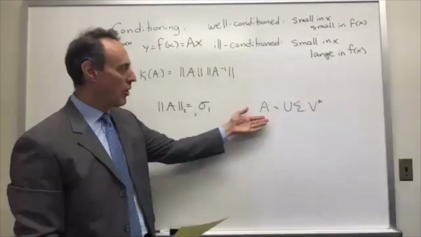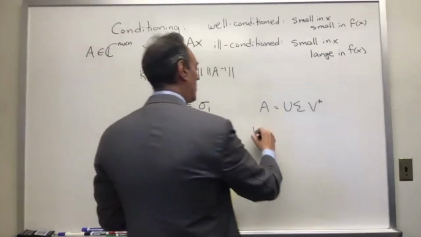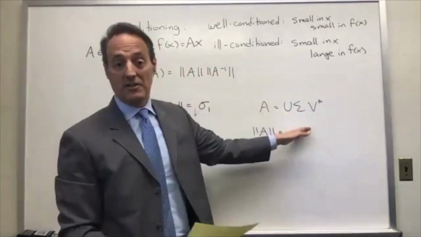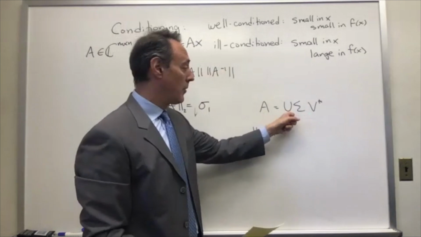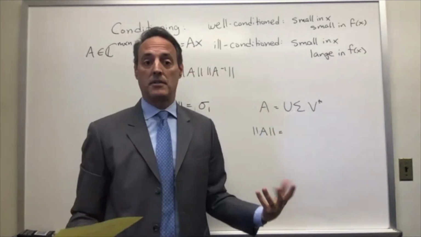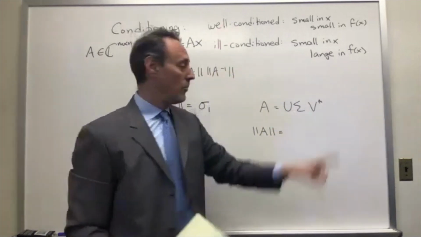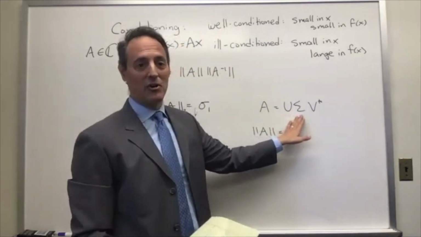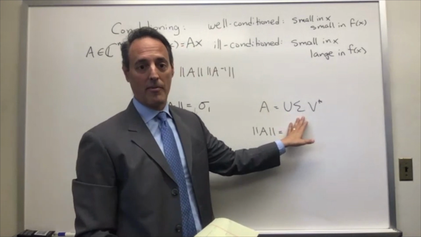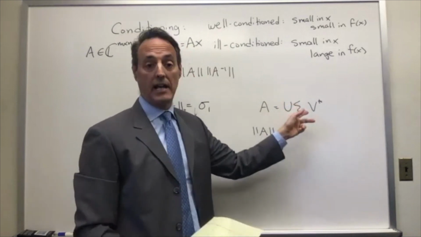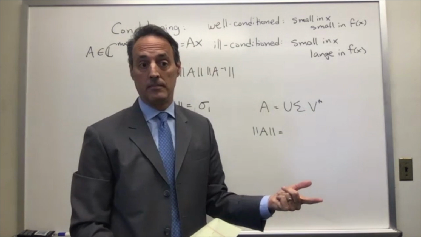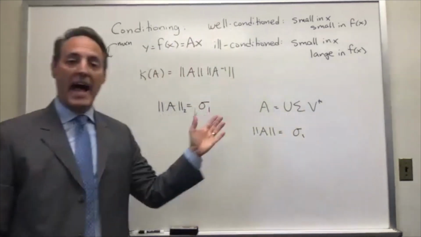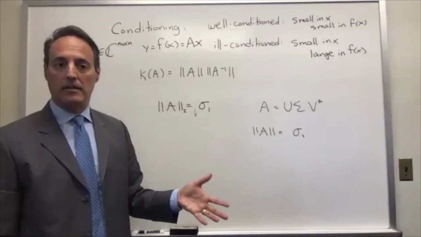If I take the norm of this, it's going to involve a product of the norms of 3 matrices. What's the norm of a unitary matrix? 1. What's the norm of that unitary matrix? 1. And then it's the diagonal matrix, and that's super easy to compute the norm of. It's just going to be the largest diagonal entry, which is sigma 1. We talked about that a little bit in the SVD lectures.